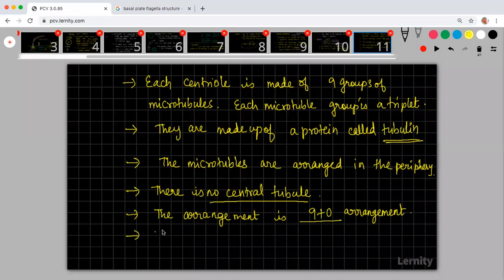The adjacent triplets are connected by linker proteins.